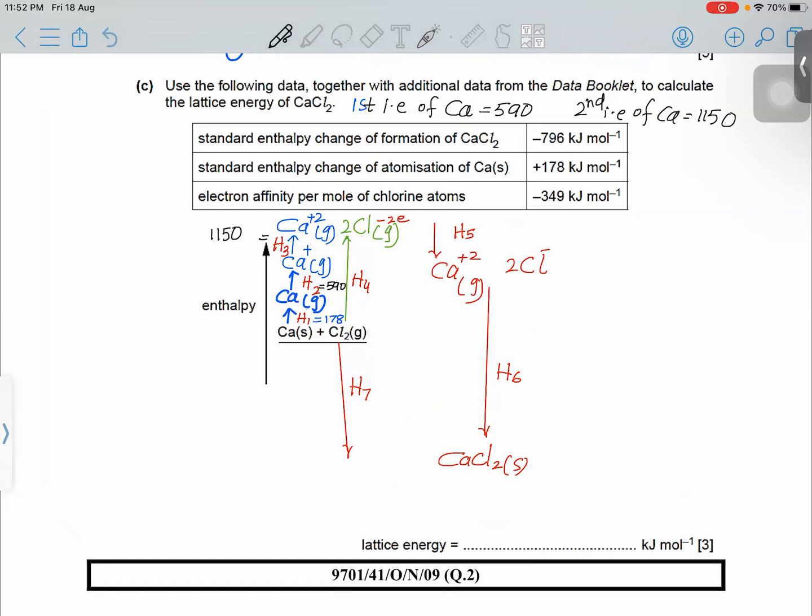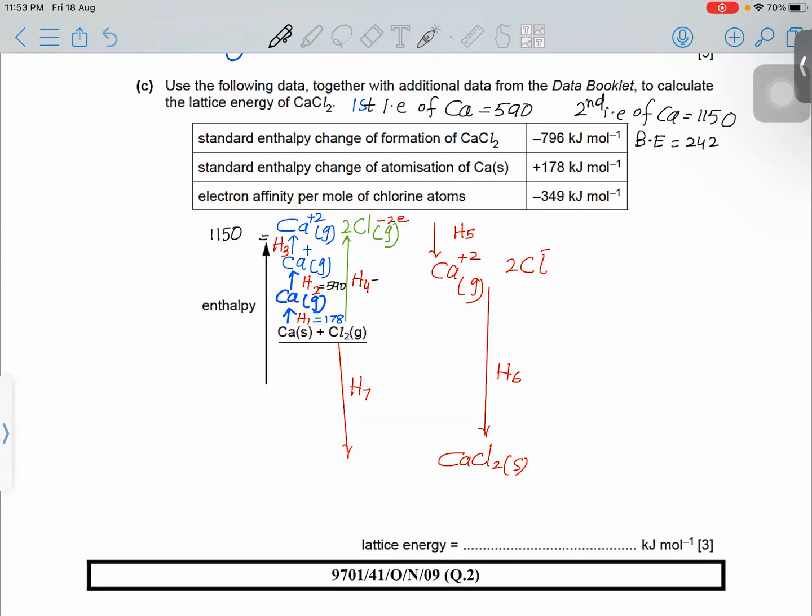What about H4, the atomization of chlorine? Sir, we don't have that. Okay, so the bond energy is required. We will use the periodic table as a data booklet to find the bond energy, which is 242.